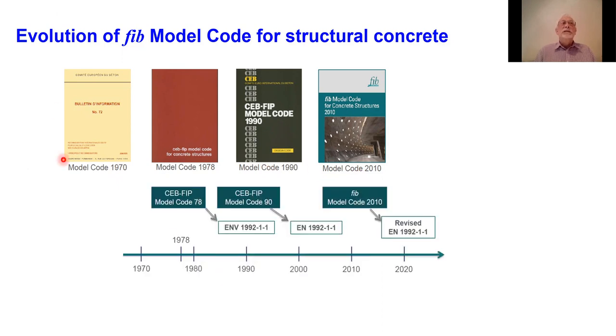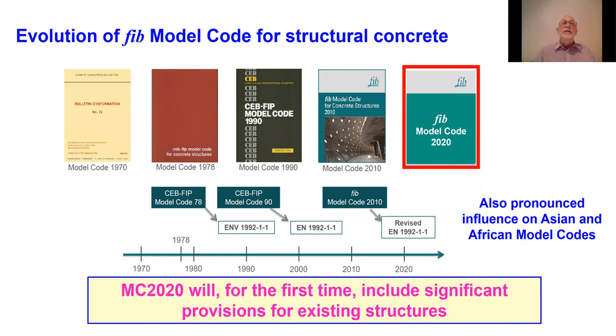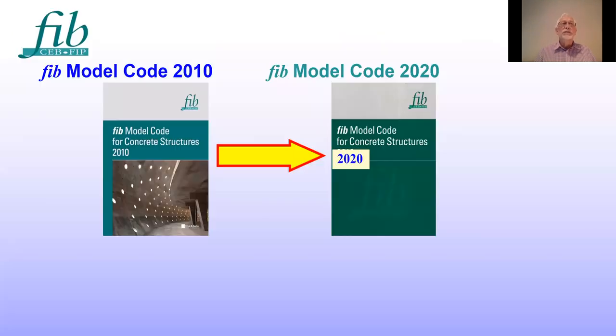And the evolution of these codes have influenced the development, amongst others, of the CEN Eurocode 2 for concrete structures. It's also impacted upon the development of the Asian and African model codes. And our current version, Model Code 2020, will for the first time include significant provisions for existing concrete structures.